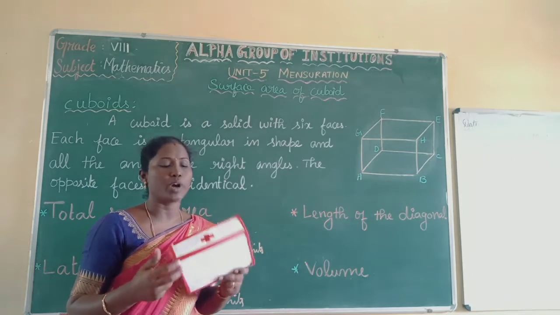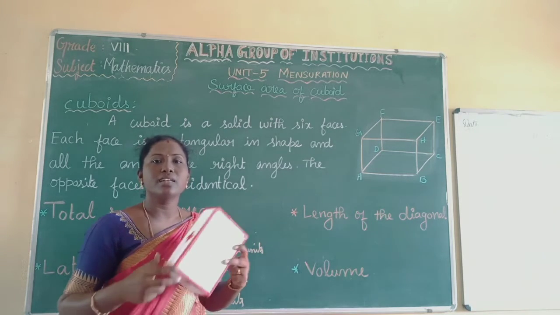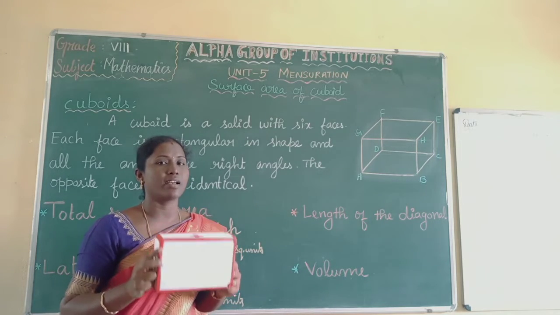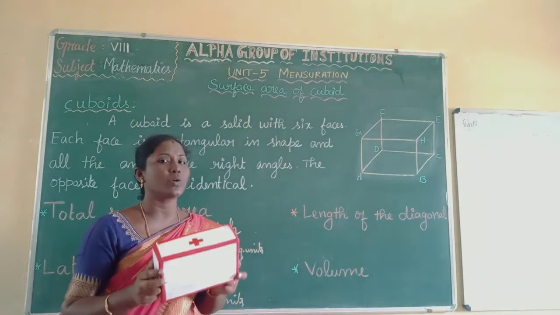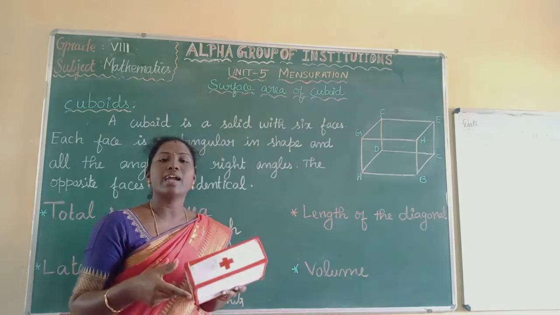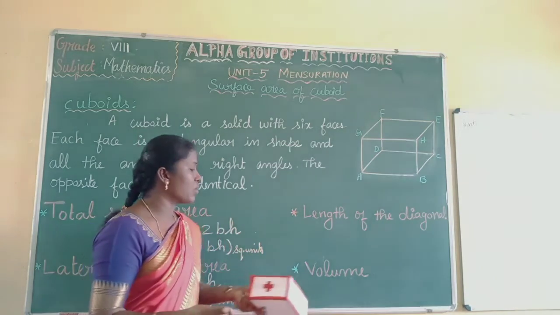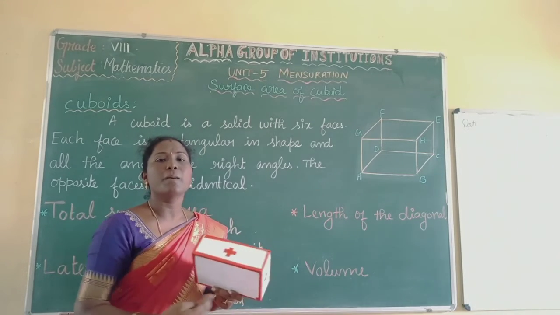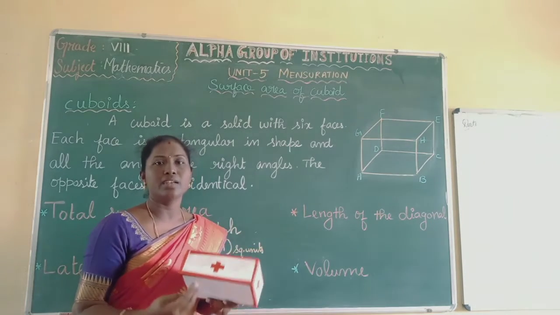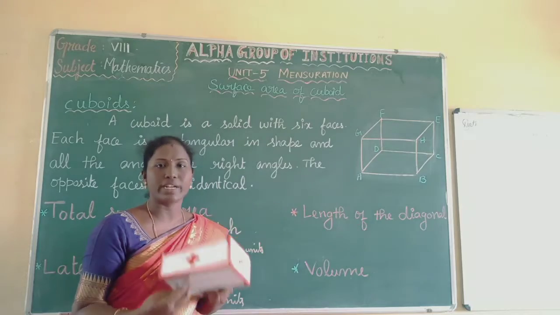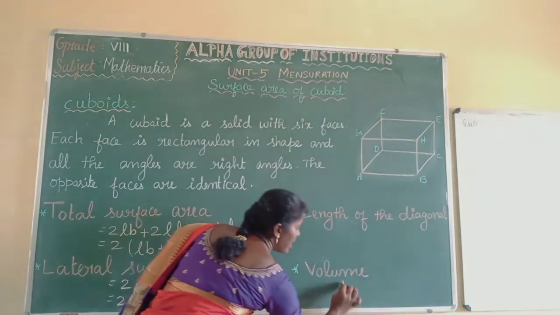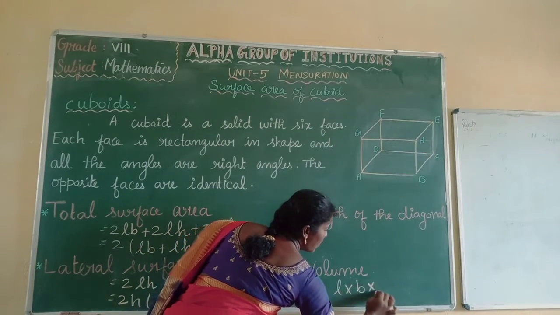Here for the cuboid, what is the shape of the base? The shape of the base is a rectangle. So the base area means the area of the rectangle, and height is given by the letter H. So simply we can say that the volume is nothing but the base area into height. Here the base area is in the form of a rectangle, so we can give it as length into breadth into height.